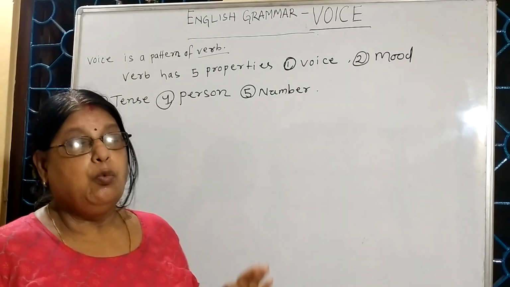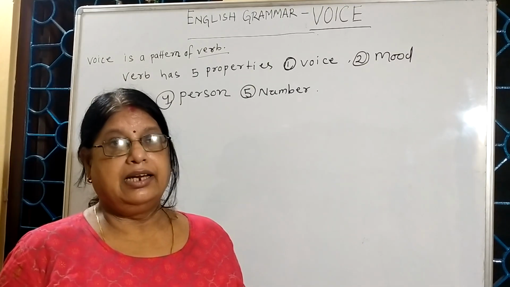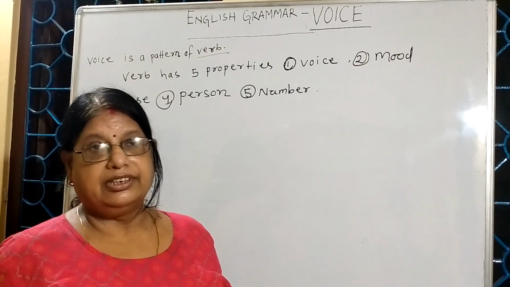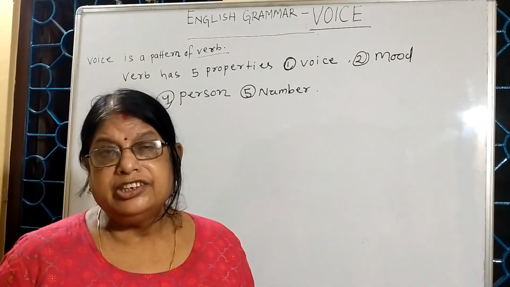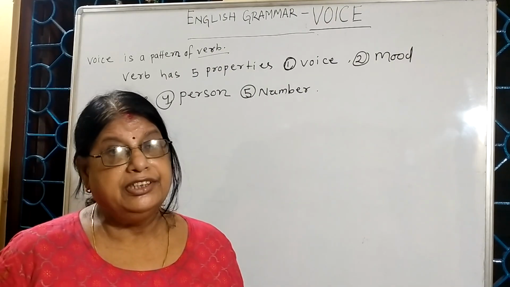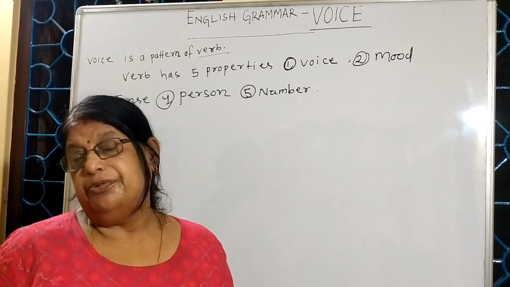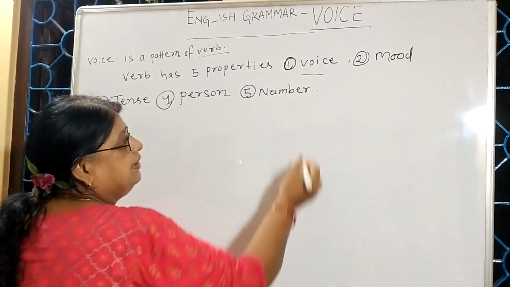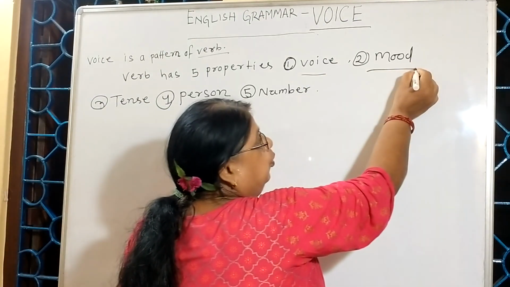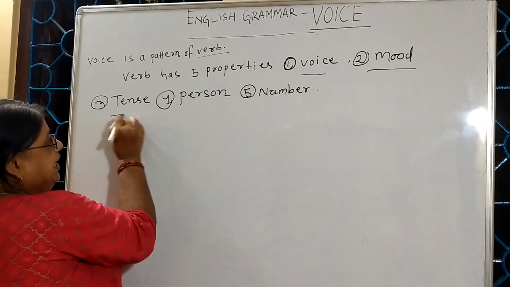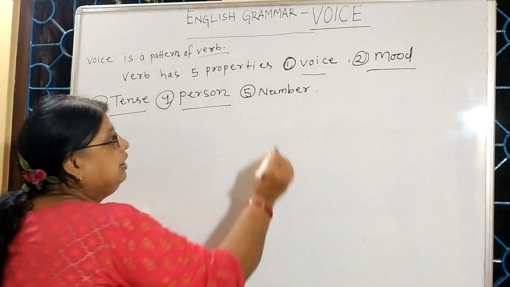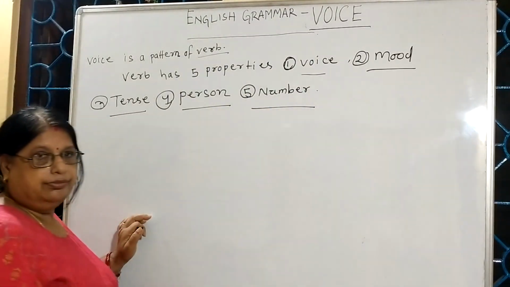So one of the elements is voice. What are the 5 elements or 5 properties of verb in English grammar? First is voice, second is mood, third is tense, fourth is person, fifth is number.